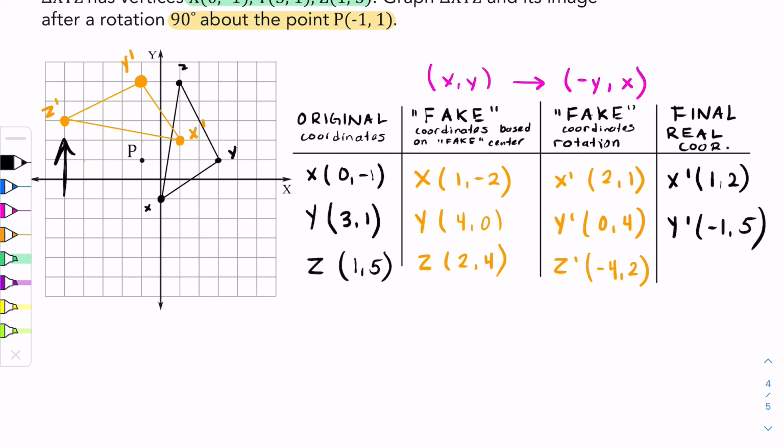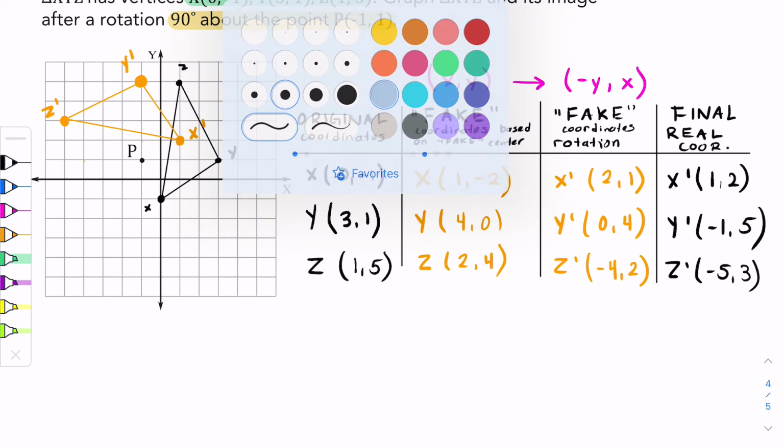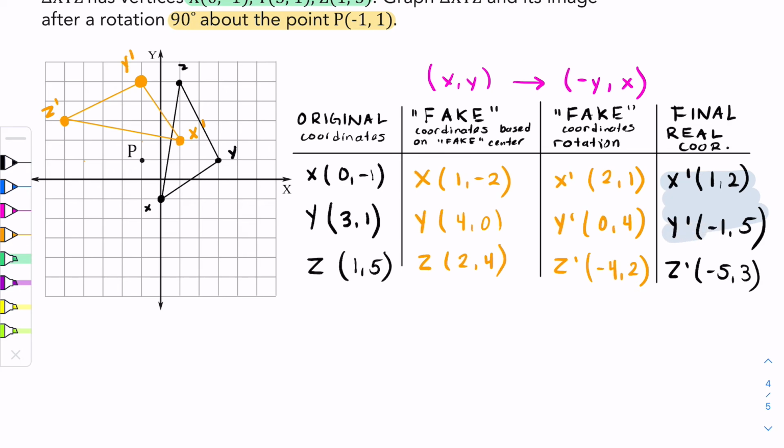And point Z is at -5, 3. These are your final coordinates. This is your final answer.